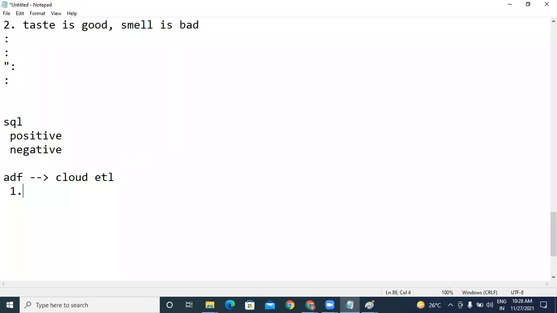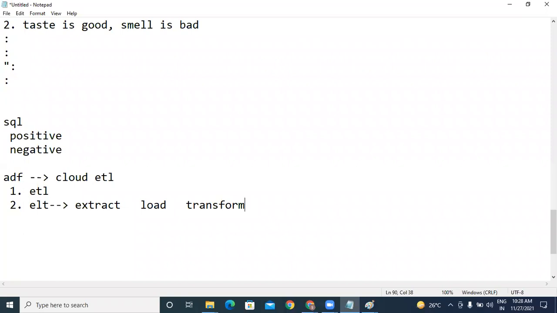But ADF supports two things: ETL, and also ELT. ETL is extract, transform, load. ELT is its opposite version: just reverse it. First step common: extract, load, and then transform.